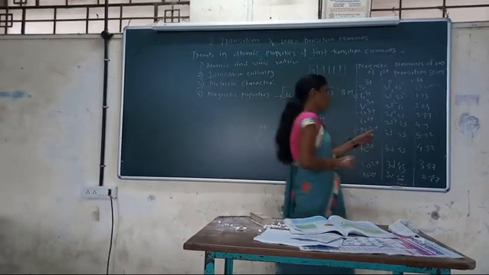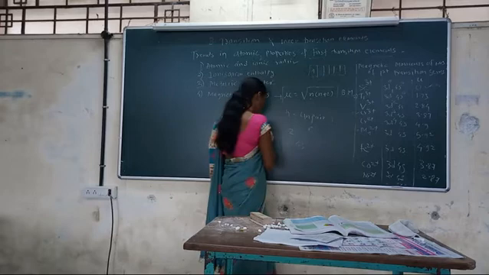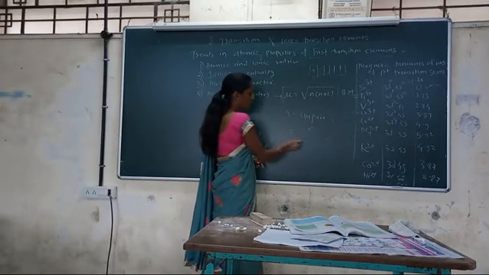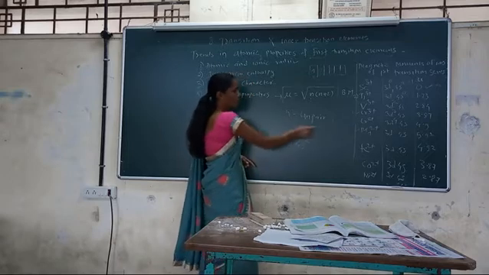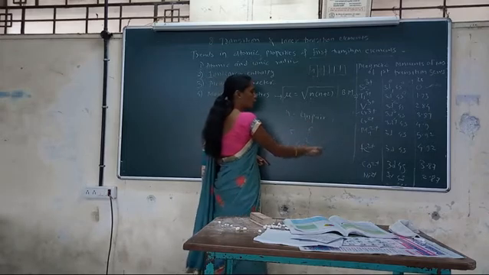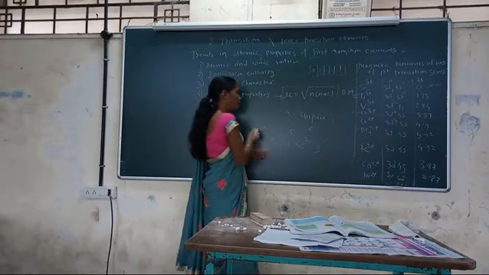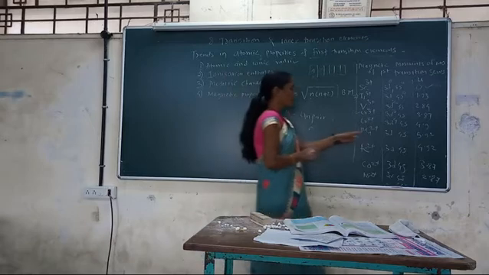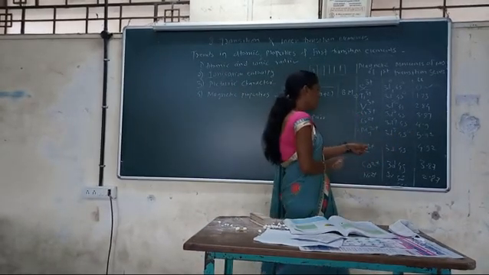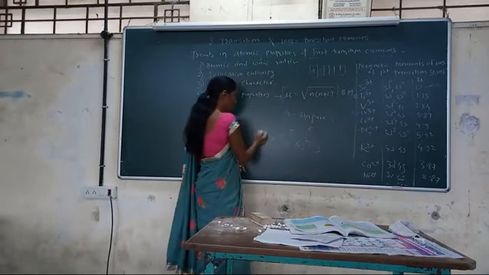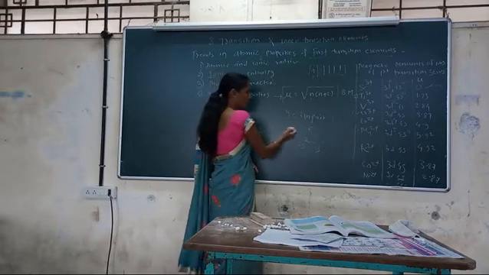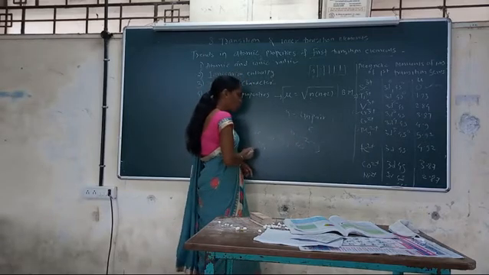Then Mn 2 plus: Mn has atomic number 25, that is 3d5 4s2. But Mn has a 2 plus charge, which means it has lost 2 electrons. These 2 electrons are lost, so 3d5 4s0. Again Fe 2 plus: Fe has atomic number 26, so 3d6 4s2.